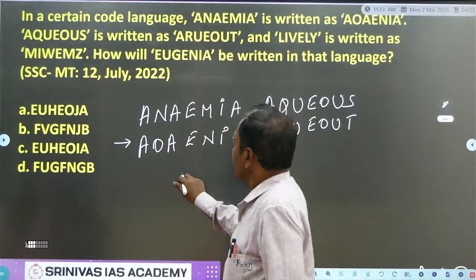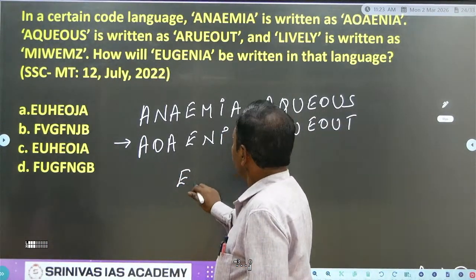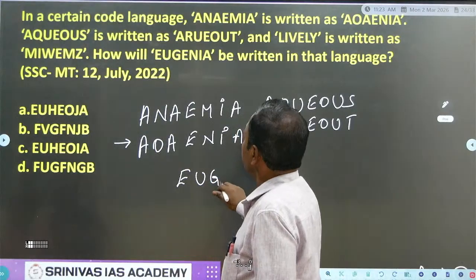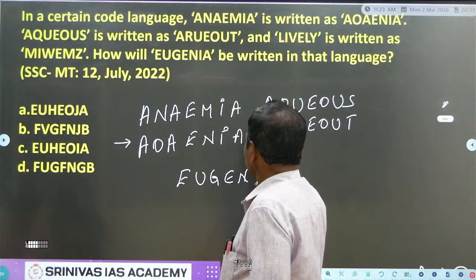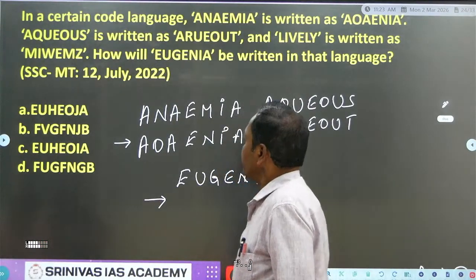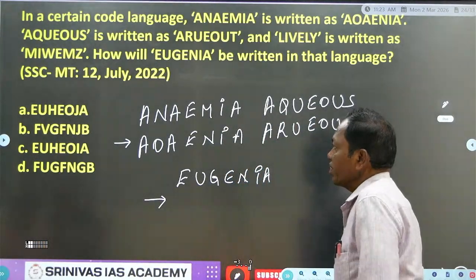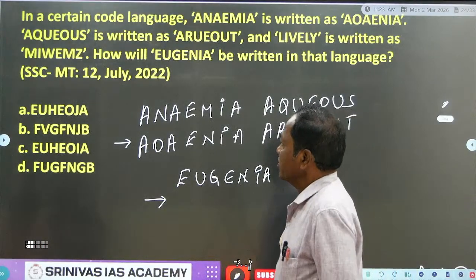How will EUGENIA be written in that language? First we have to crack this thing. We have to decode these two words.